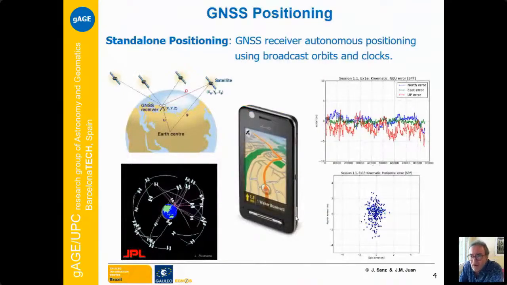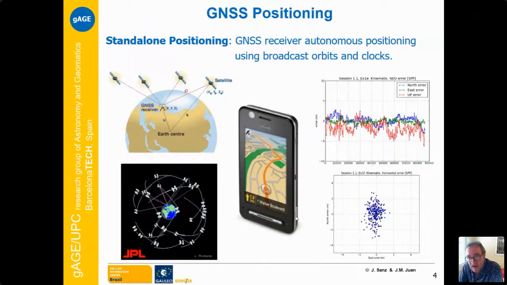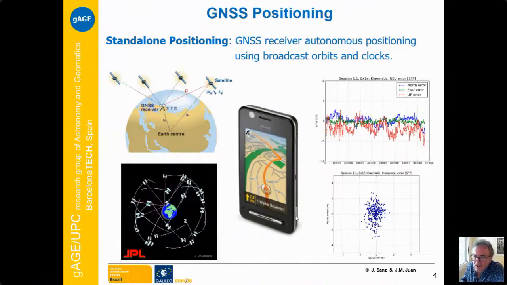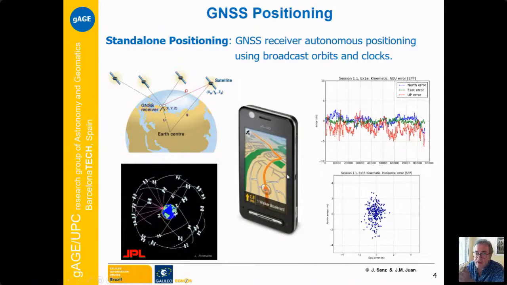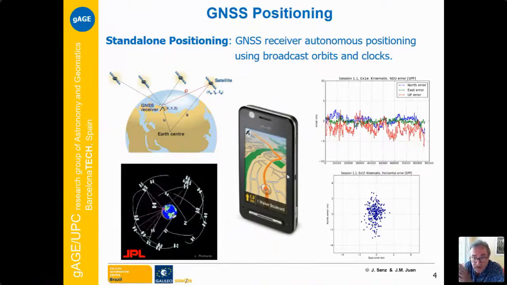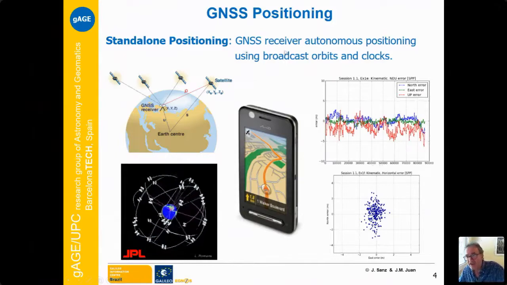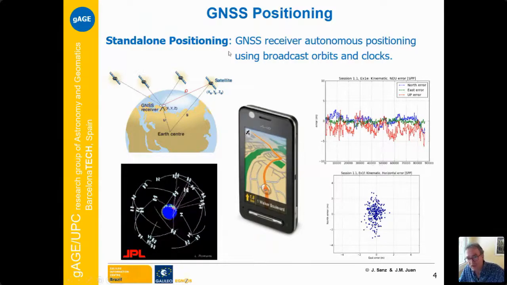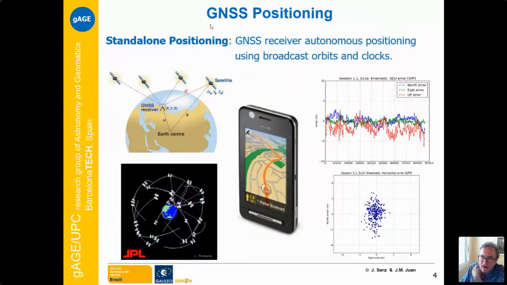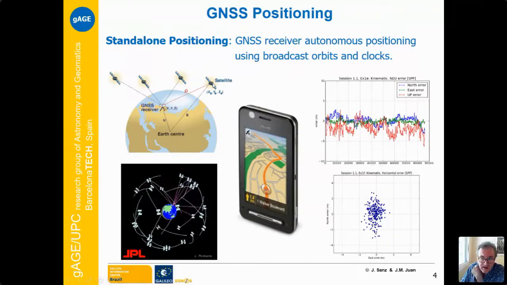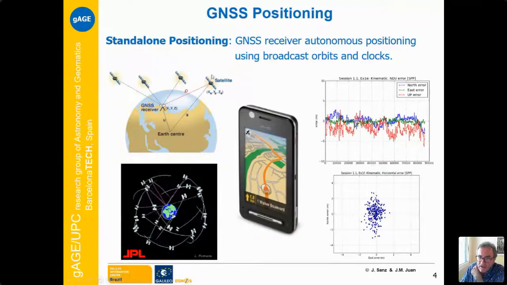Standalone positioning, as you know, is the basic positioning technique we have. It is the positioning that we can get in our mobile phones, in mass market receivers. The idea of standalone positioning is GNSS receiver autonomous positioning. Autonomous positioning means using only the signal transmitted by the satellites: the ranging and the navigation message.